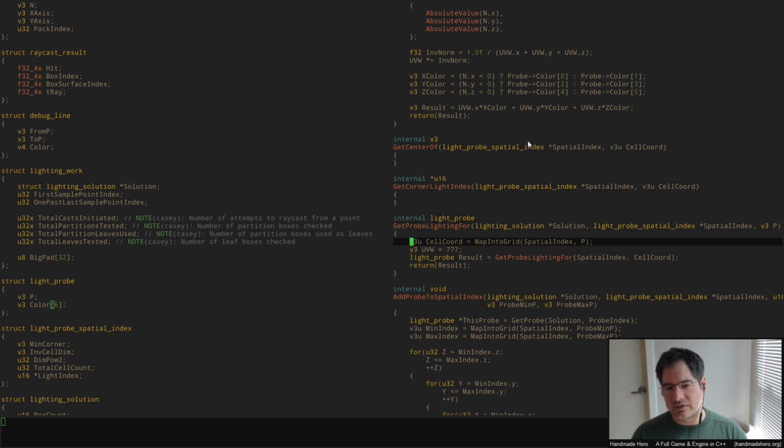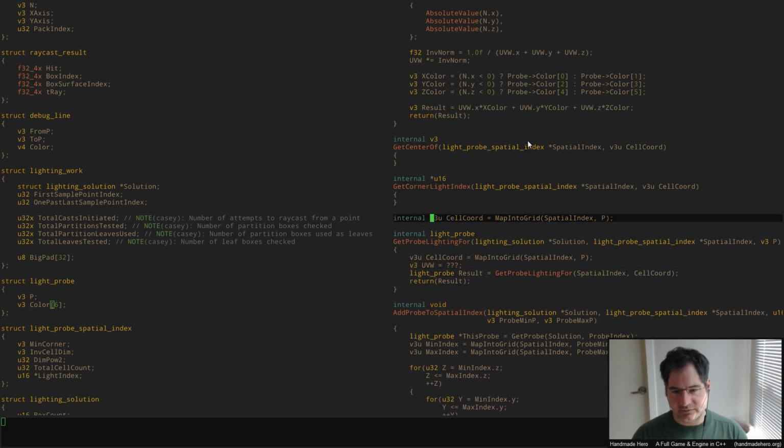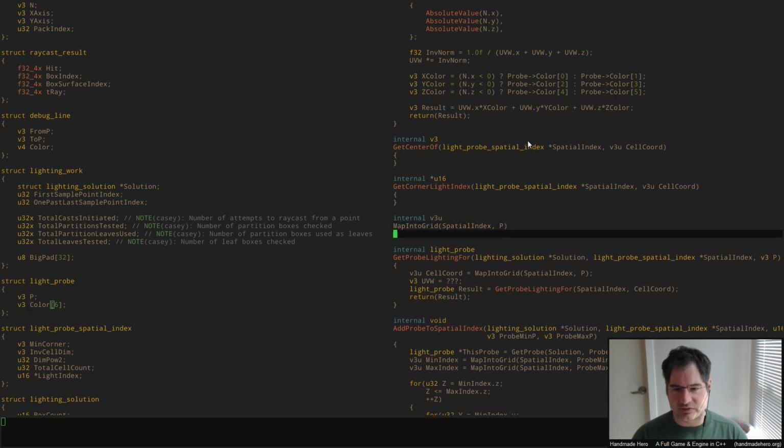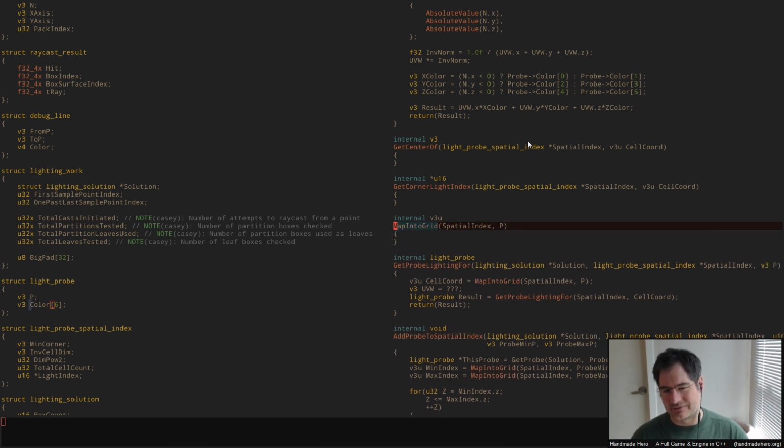And the final thing is map it to grid, and this one's going to be the harder one. This one's going to have, because we have to return the UVWs potentially as well. I don't know exactly how we're going to work that out. We'll have to think about it a little bit.